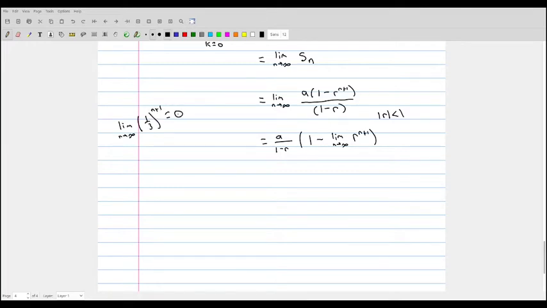This will be equal to 0 because the power of 1/3 gets smaller and smaller. This is true for any number between -1 and 1. So this limit exists only when r is between 1 and -1, a small enough number. If this is the case, then this limit is equal to 0, and the limit of this sequence of partial sums is just a over 1 minus r.